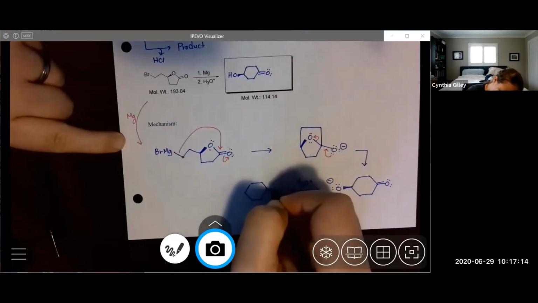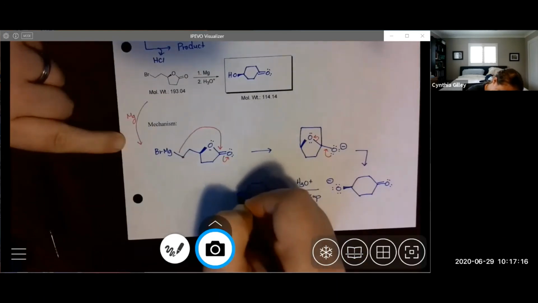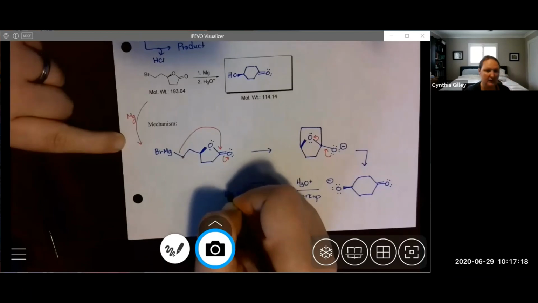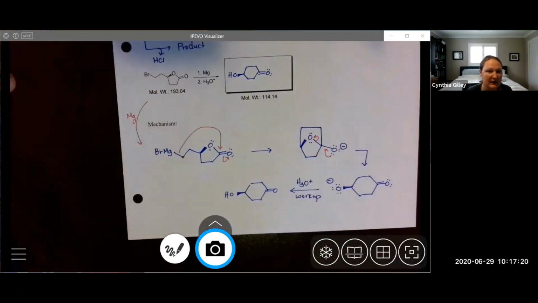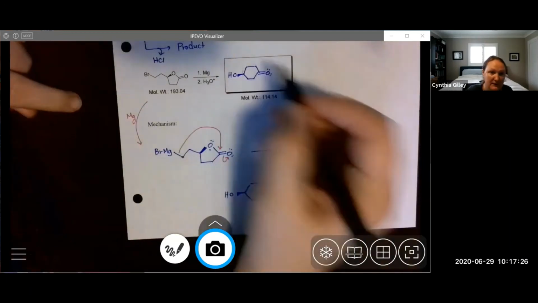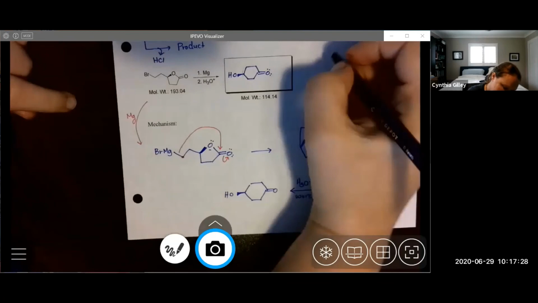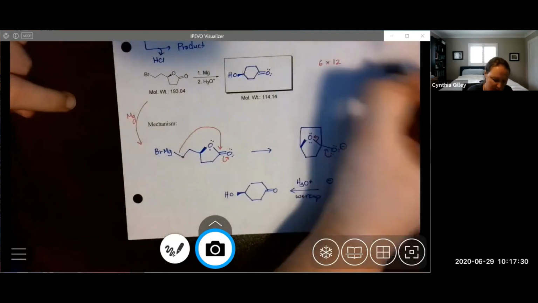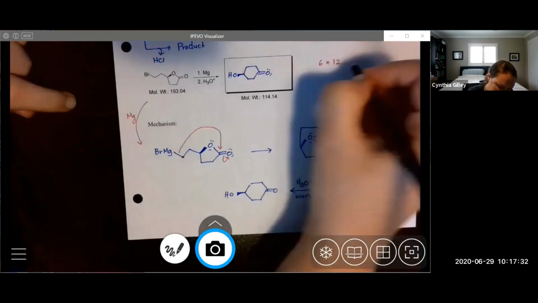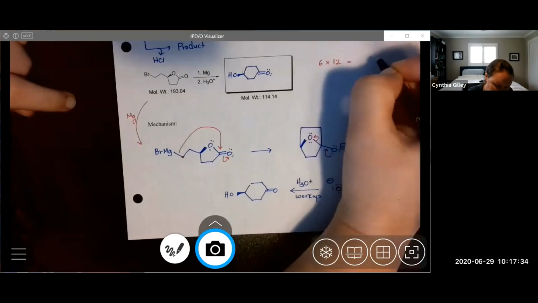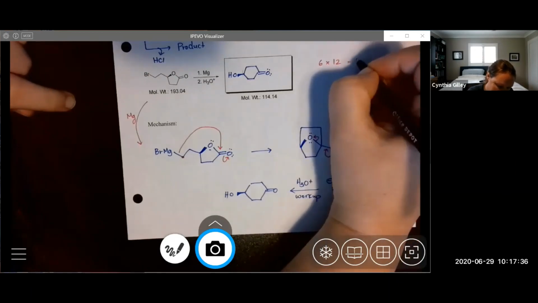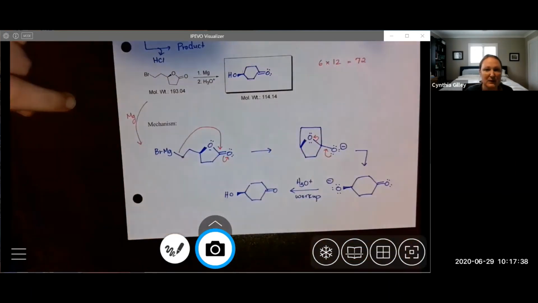So we just want to make sure then that it matches the molecular weight. So you can do kind of a quick calculation there. So we have 6 carbons. This is a 6-member ring. So 6 times 12 is 72, if I can do math today, which is a challenge.